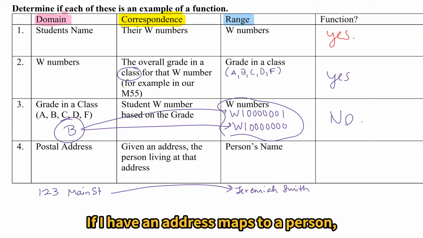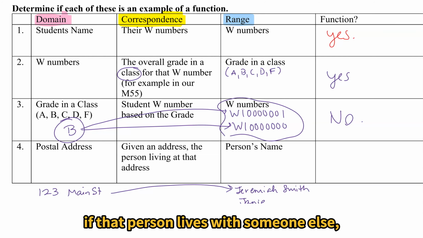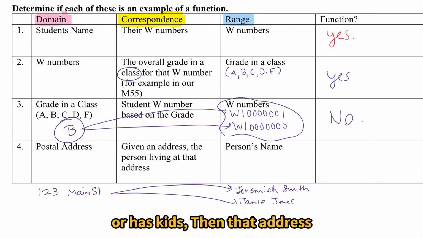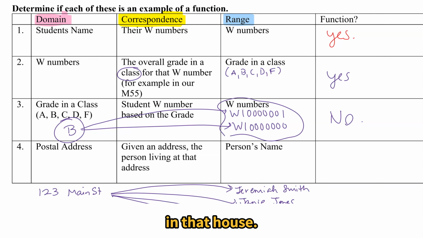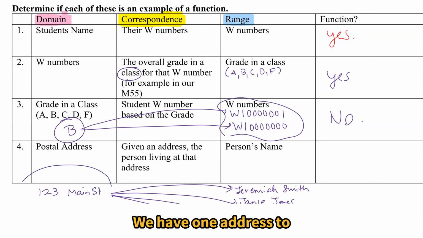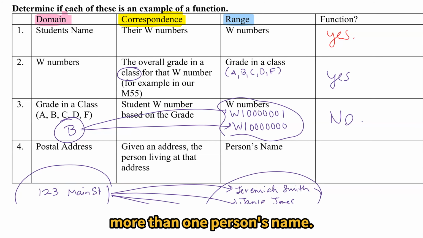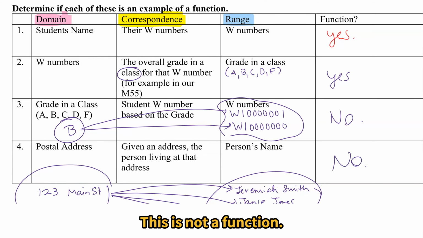If I have an address mapped to a person, if that person lives with someone else or has kids, then that address is going to get mapped to all of the people in that house. We have one address to more than one person's name. This is not a function.